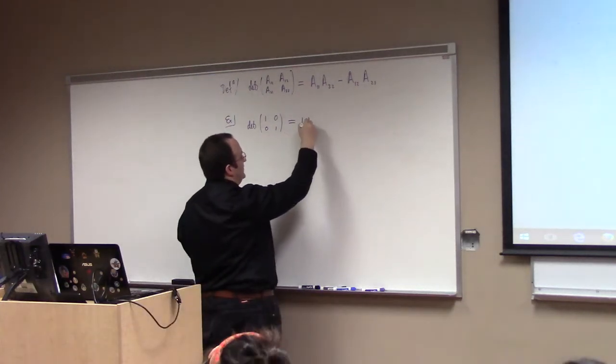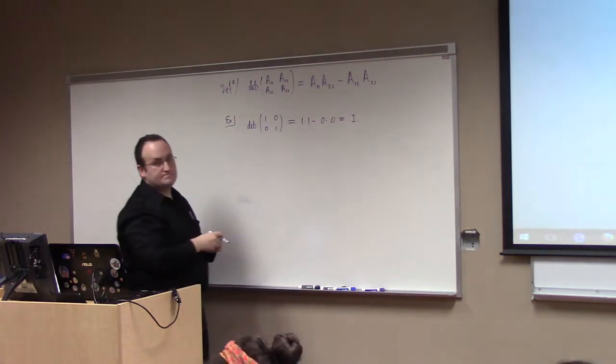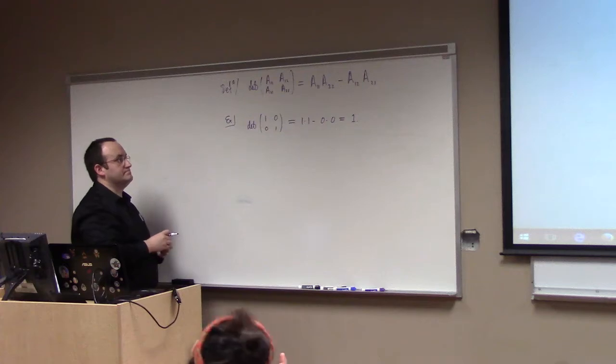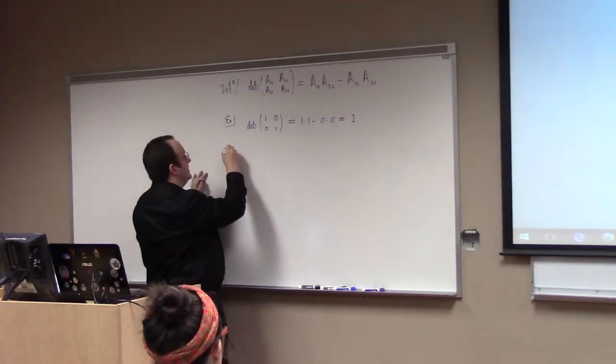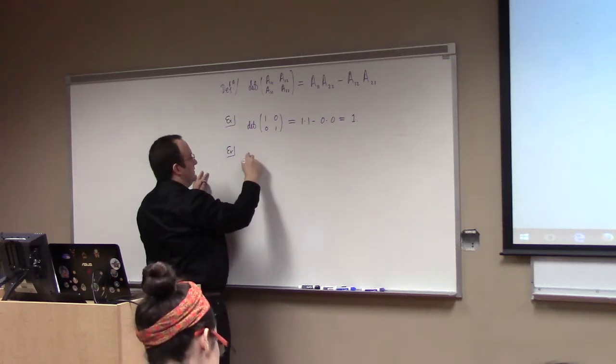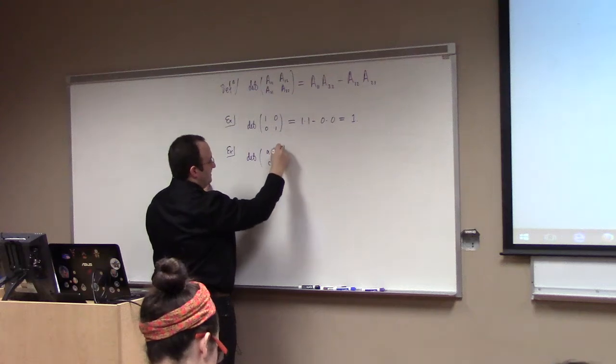It's 1 times 1 minus 0 times 0, which is 1, right? What happens if I take the determinant of A, B, C, D transpose?